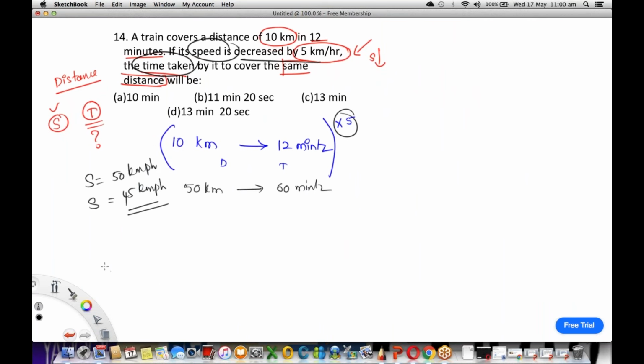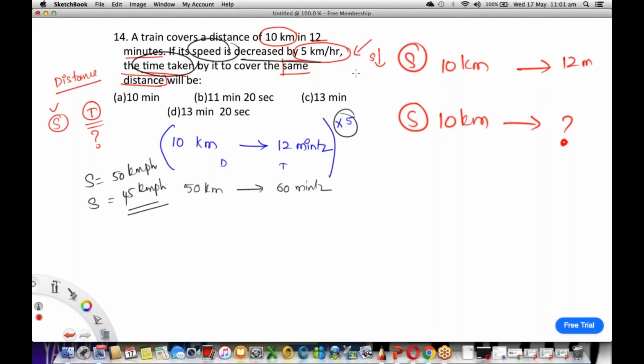So definitely see the option choices. By looking at the option choices, please use your common sense. Here 10 kilometers distance he has traveled in 12 minutes in the previous. Now 10 kilometers of distance he will travel in how many minutes is the question.